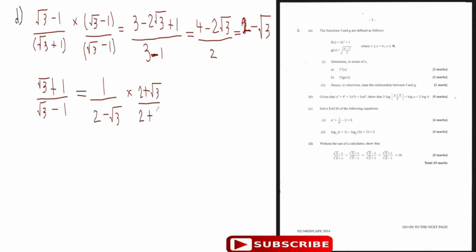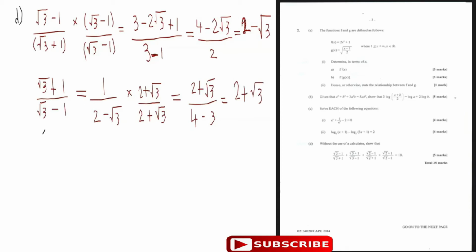When I do that, what I'm going to get is 2 plus root 3 divided by, again, the difference of two squares: a squared, 2 squared is 4, minus b squared, which is minus 3. So this answer just works out to be 2 plus root 3. Nice. We're almost there.